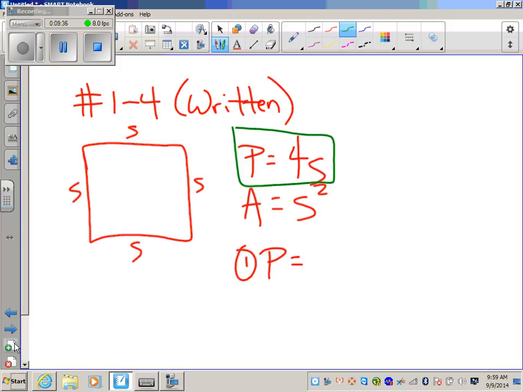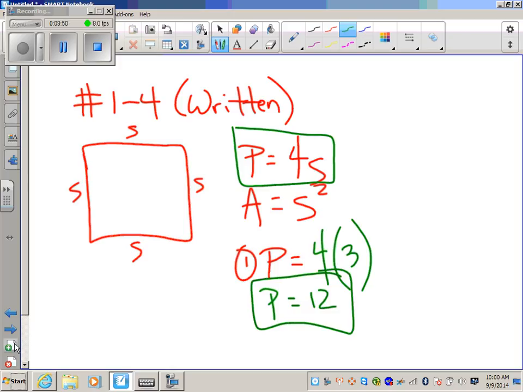So plug in. If S is 3, what's the perimeter? 12. So for number 1, your perimeter is 12. I would make sure that I'm getting this down. It's very important.